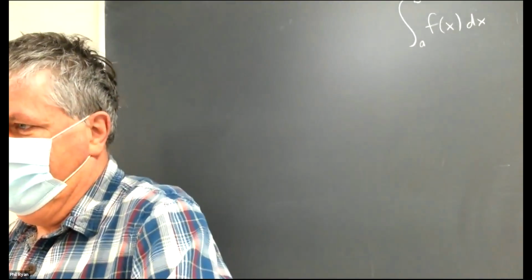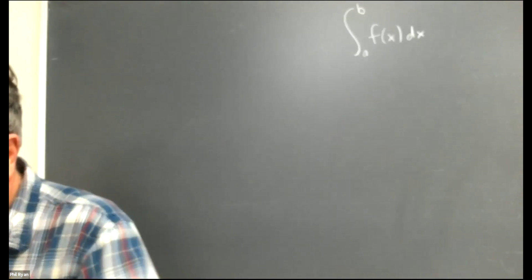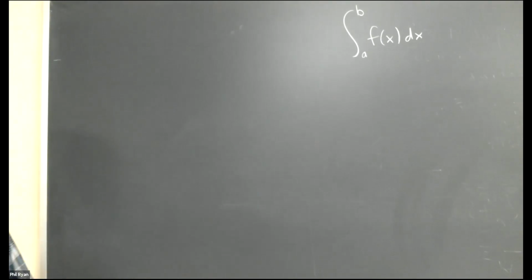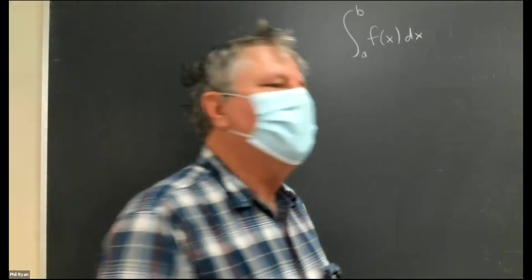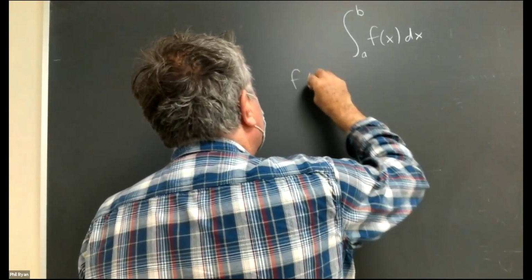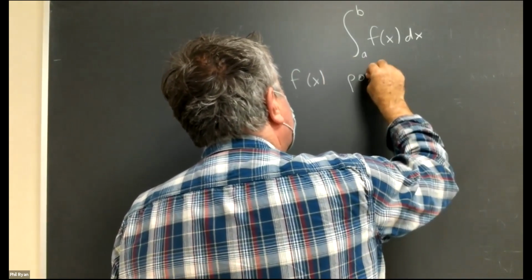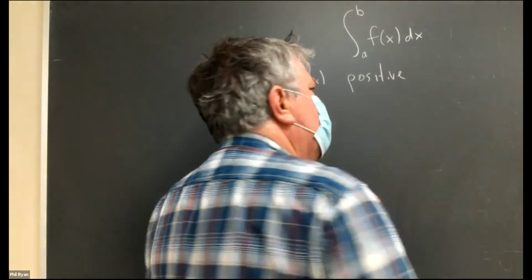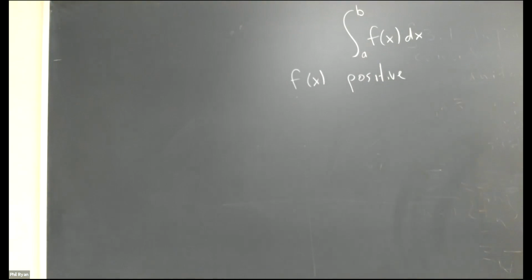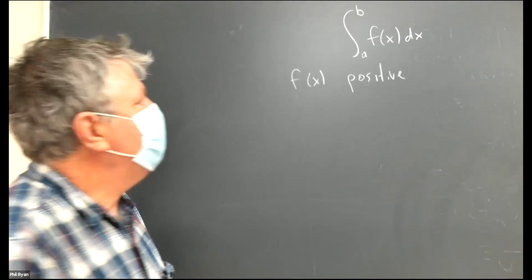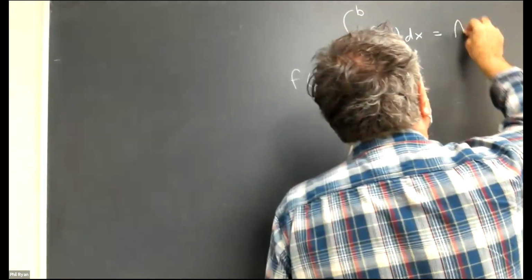We integrate this function between A and B. In the examples that we've looked at, f of x is a positive function, which means that it lies above the x-axis. And when we do that, we see that this thing here can be interpreted as an area.